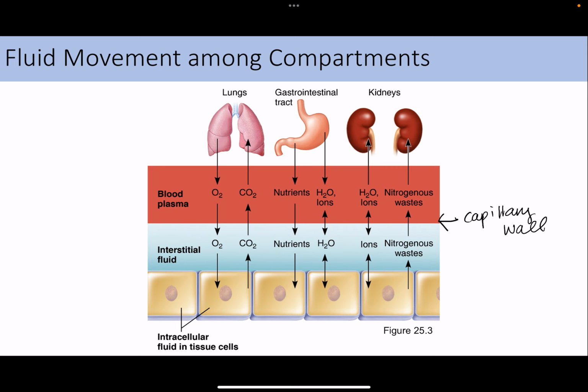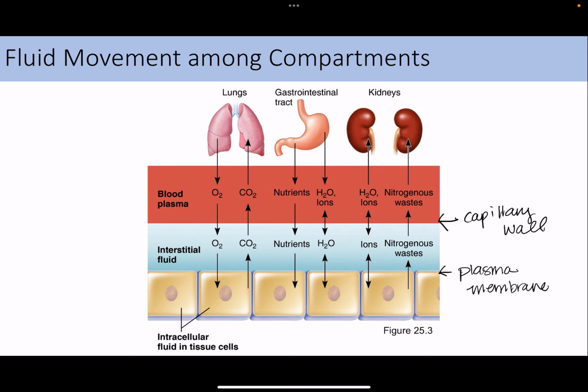Okay. Then what would be the barrier between the interstitial fluid and the intracellular fluid? That would be the plasma membrane. And then make sure that you remember the forces that are going to be shifting fluid and solutes one way or another.